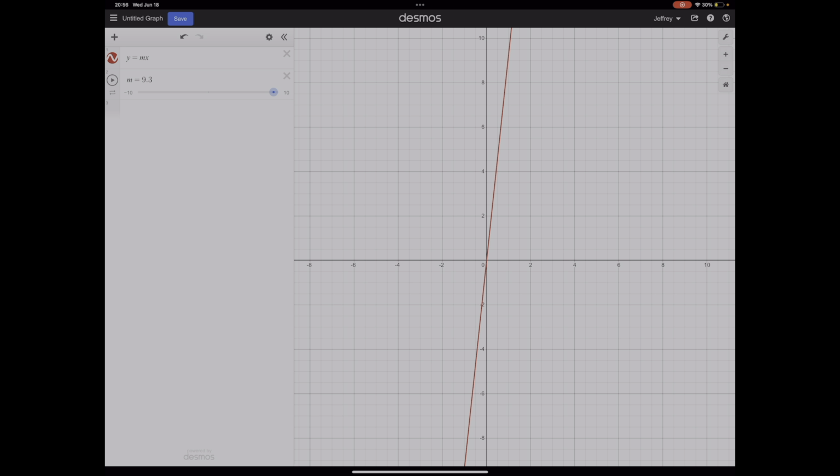Then if it gets less and less positive, it gets less steep, until eventually you get to 0. And at 0, the line's completely flat. Then beyond this you get negatives, and it starts going downwards instead.